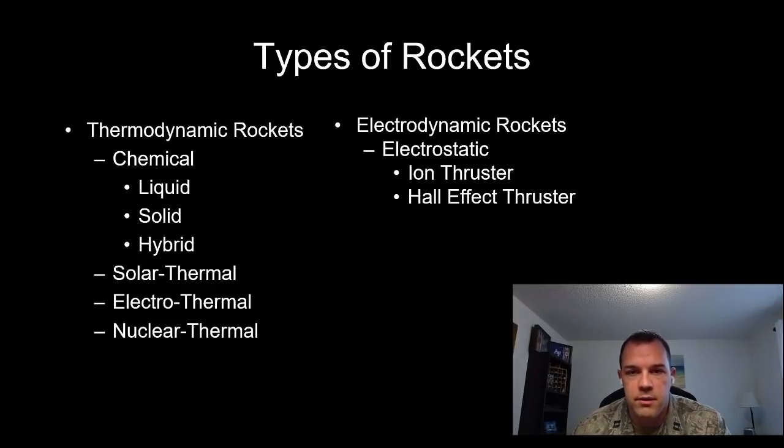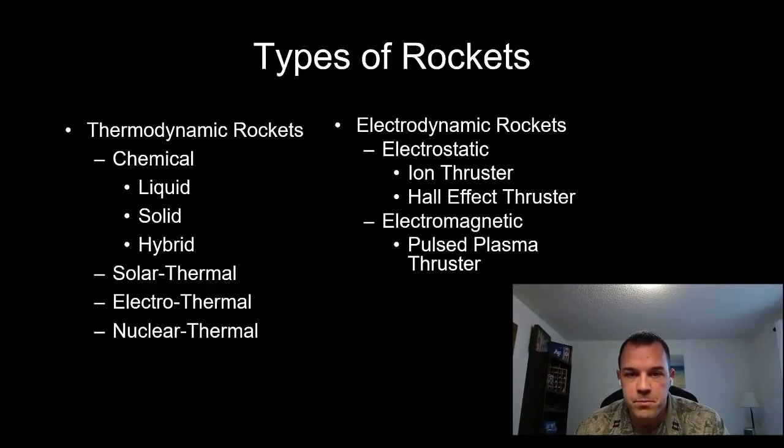Electrodynamic rockets. So electrostatic, essentially you ionize, you create a plasma, and you take those ions and accelerate them out the back at extremely fast velocities, and this will provide you with very little thrust, but extremely high efficiency, so very useful on orbit.